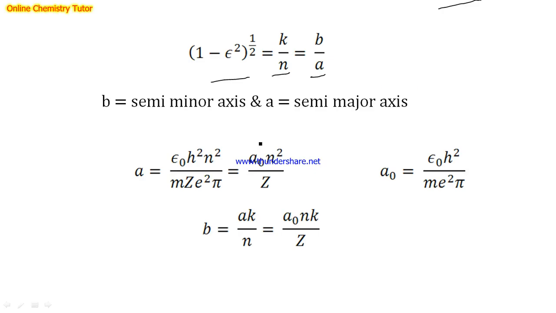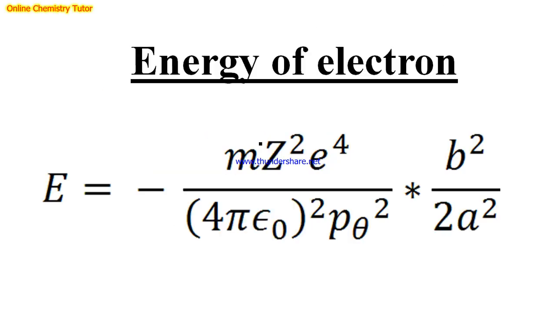If we discuss the energy formula, the energy is equal to minus m z square e to the power 4 by 4 pi epsilon naught square p theta square into b square by 2a square.